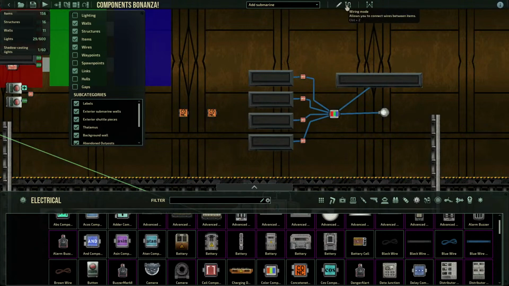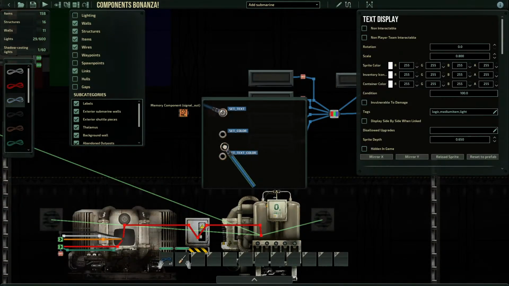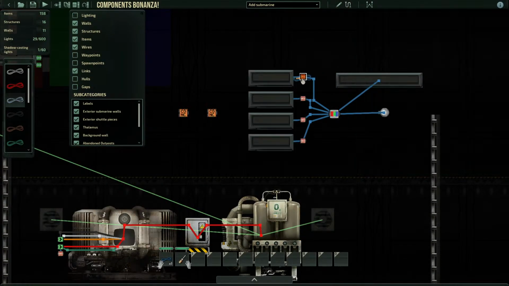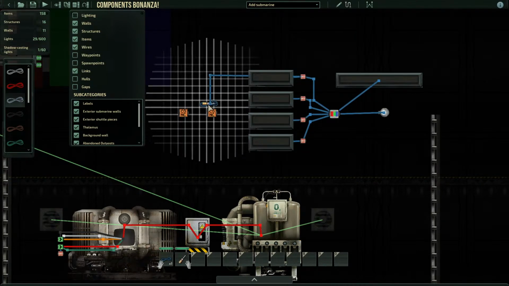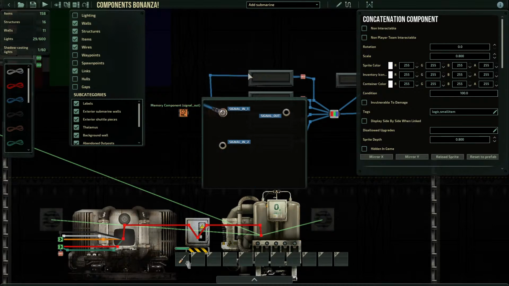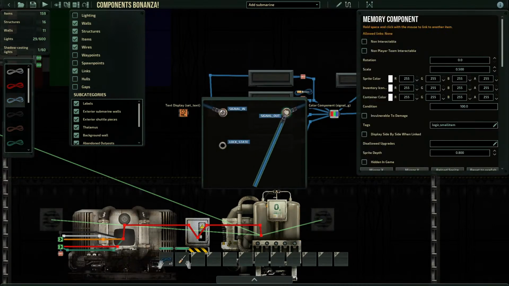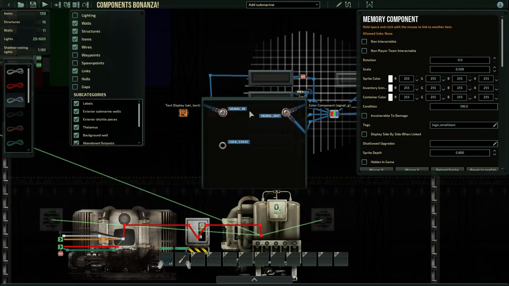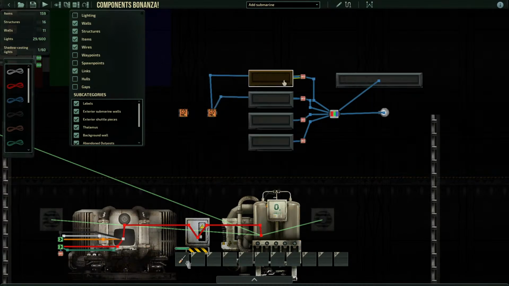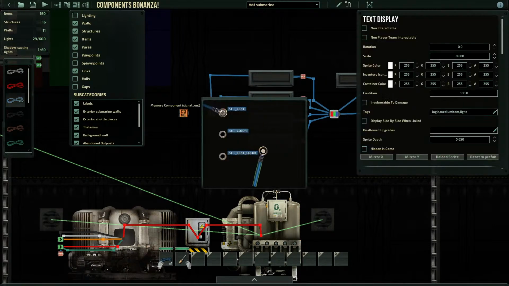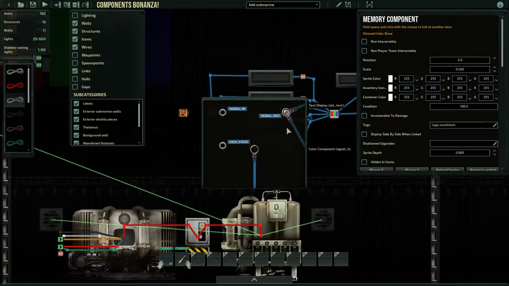So if I were to wire this one here, over here, signal in 1, and signal in 2. Fix this while I'm here. And then set this one here.